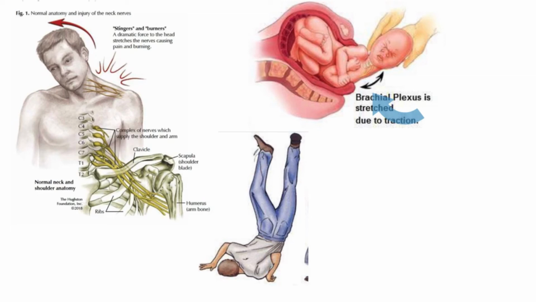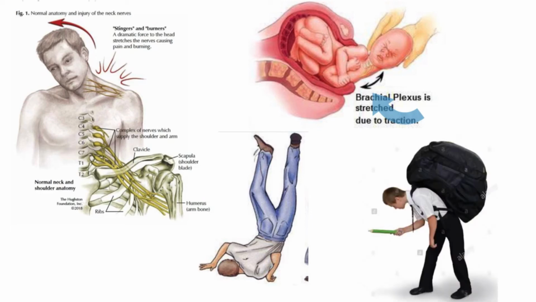As a result, you can see the excessive increase in the angle between the shoulder and neck is occurring. This may also result because of the heavy backpacks. Again, the same compression of the upper trunk occurs in all these conditions.